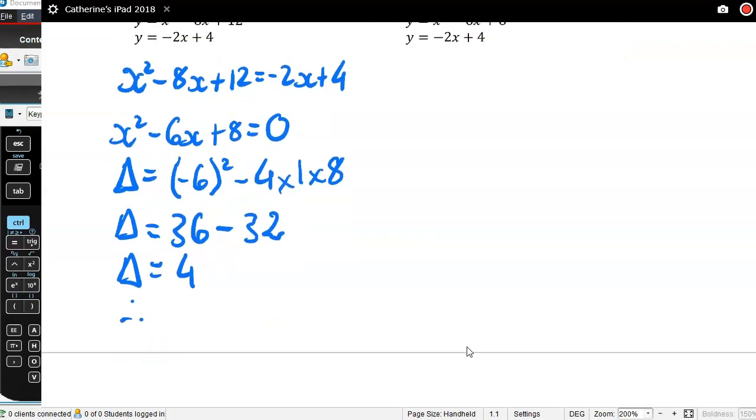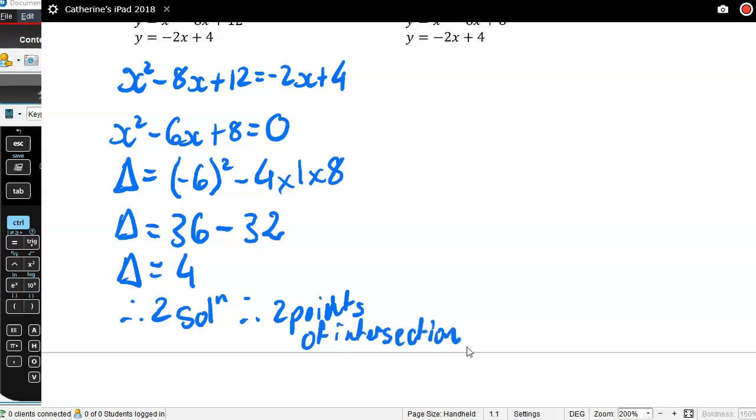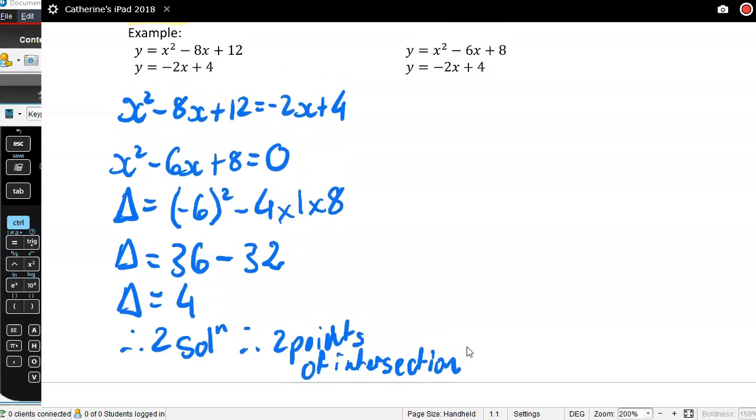So two solutions, therefore 2 points of intersection. These two graphs will cross each other twice. I don't know how they look, but something like that.